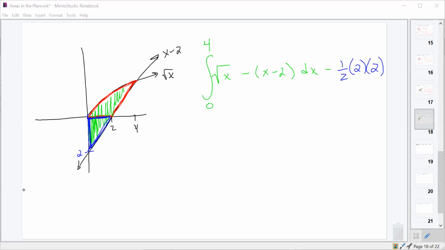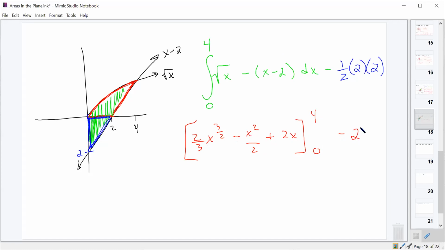Now the section in red is this whole thing. So the integral from 0 to 4 of this is, that's still 2/3 x to the 3/2, right? Minus x squared over 2 plus 2x from 0 to 4, minus 2. And what's 2/3 x to the 3/2 at 4? We did that a minute ago, right?